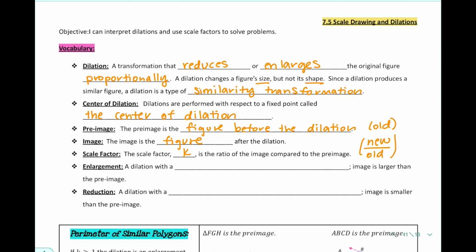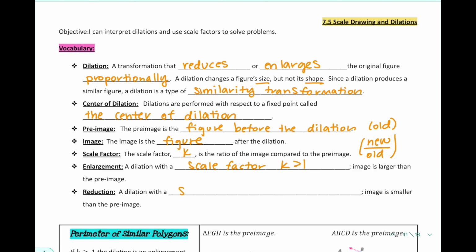If I'm going too fast, please pause the video to catch up. And then an enlargement is a dilation with a scale factor that's greater than 1. So K will be bigger than 1, like times 2, times 3, times 4.5, whatever, where the image is larger than the pre-image, versus a reduction.